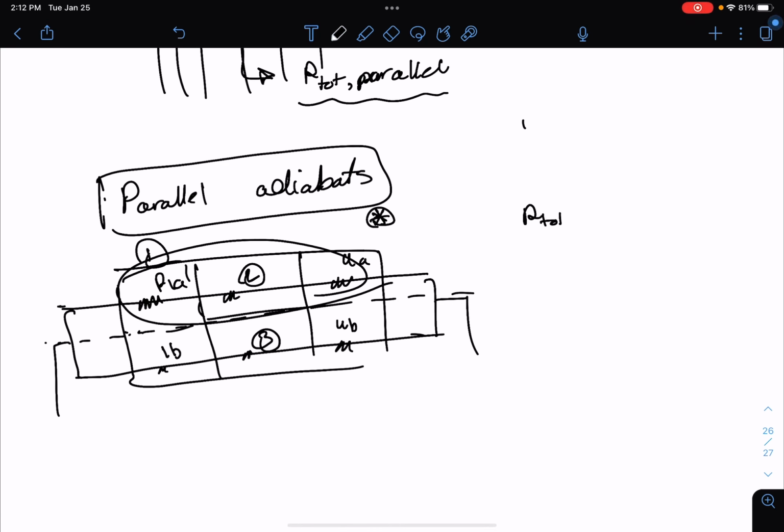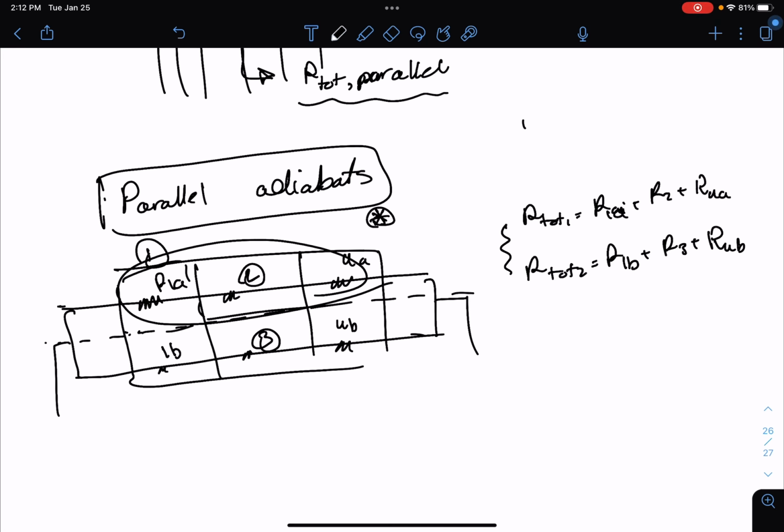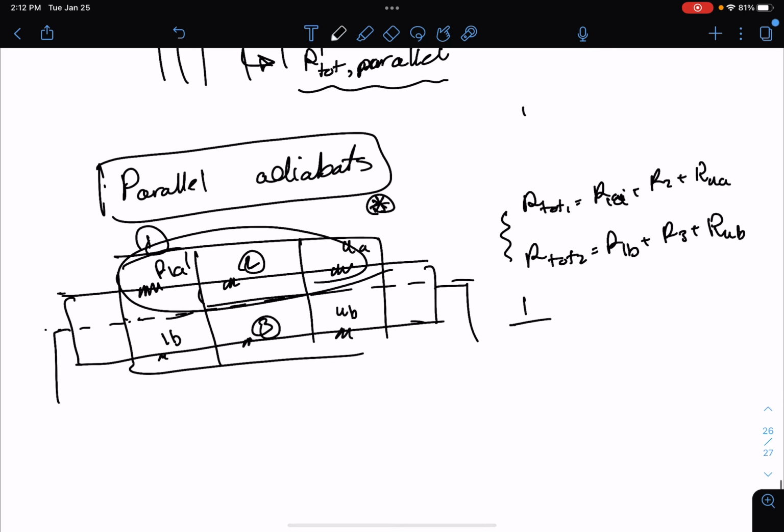So our R total 1 is R1A plus R2 plus R4A. Our R total 2 is R1B plus R3 plus R4B. And then these two are parallel. So your total R is going to be 1 over (1 over R total 1 plus 1 over R total 2). Okay?